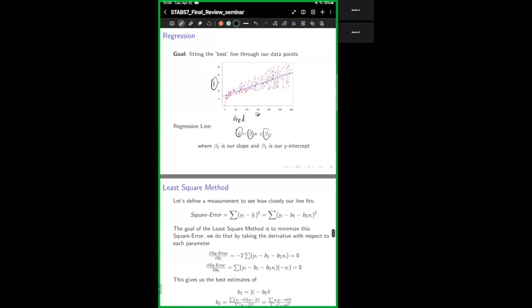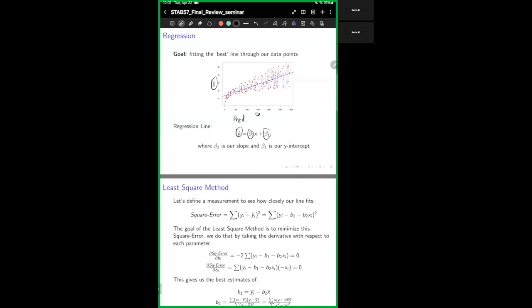So the goal of least squares is to minimize this error, and in minimizing this error, we maximize our fit to the data. We can do that by taking the derivative with respect to parameters b1 and b2.